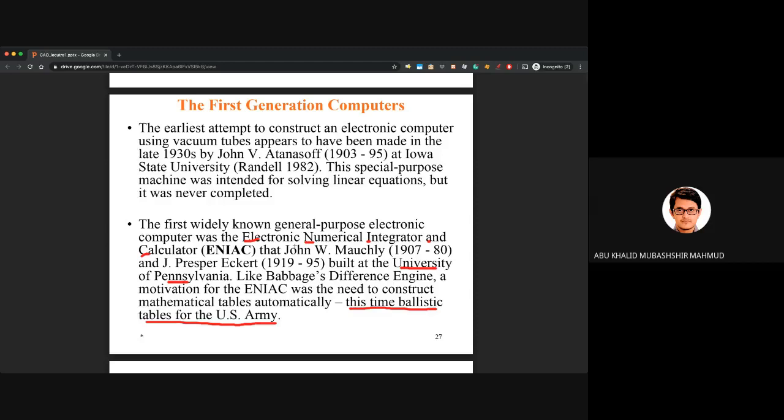Its purpose was military use, and that's why it was built. And then let's move forward.